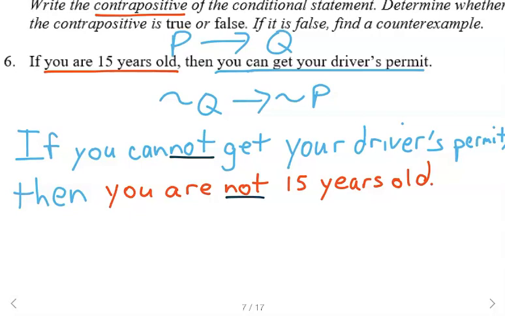Now it says to determine whether the contrapositive is true or false. If you cannot get your driver's permit, then you are not 15 years old. Can you think of any time where someone cannot get their driver's permit, but they are 15 years old? In general, I would say this is true.